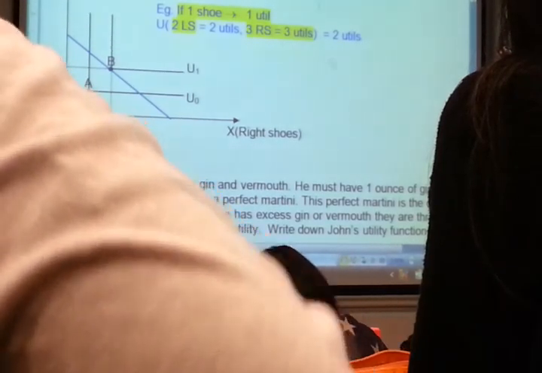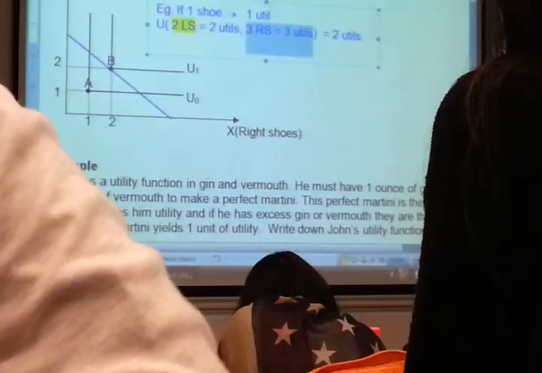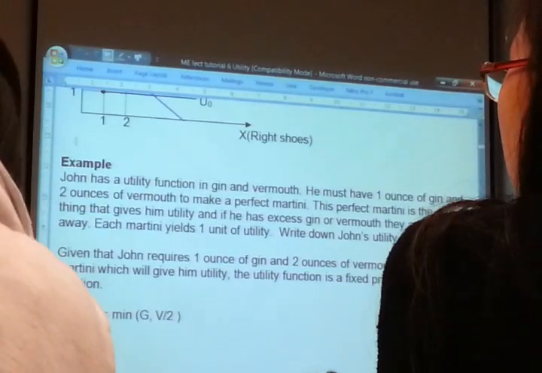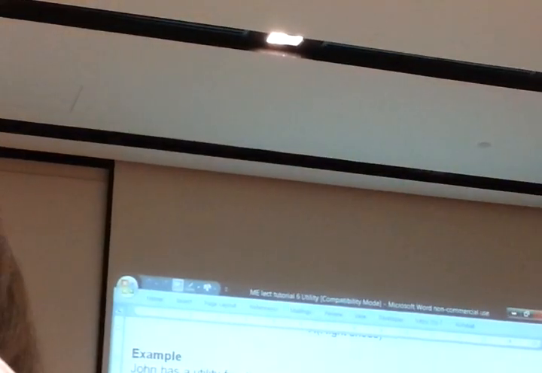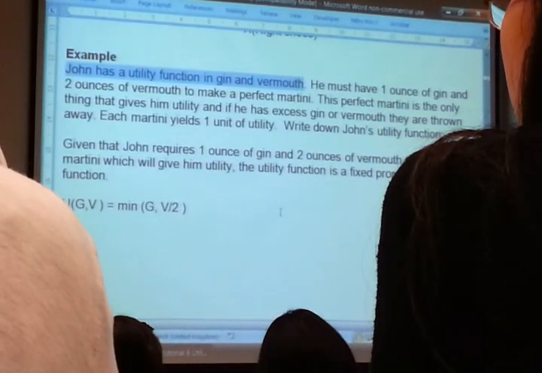Now, for example, let's look at here. John's utility function is this. So let's look at the answer first. I want you to think. John derived utility from these two things.